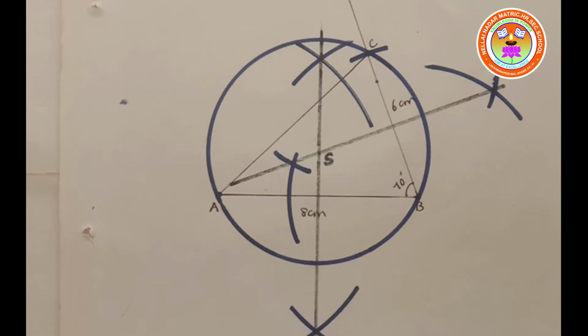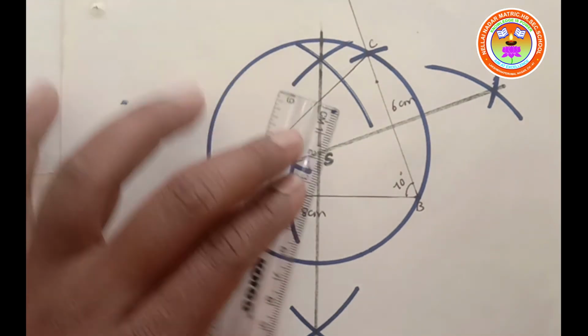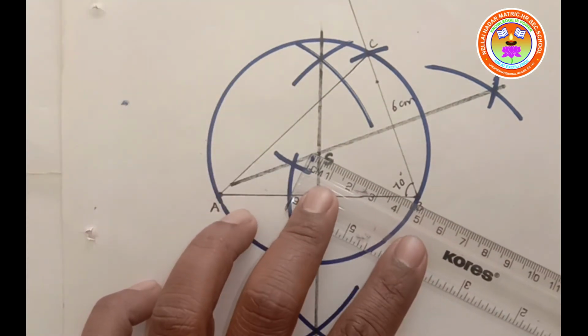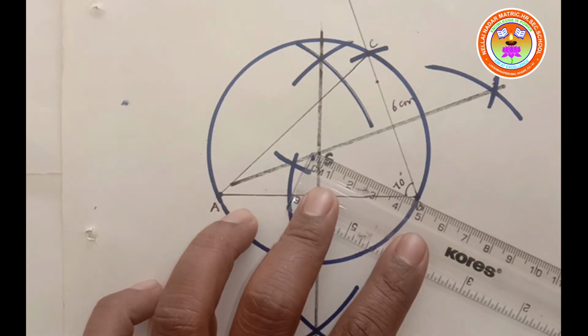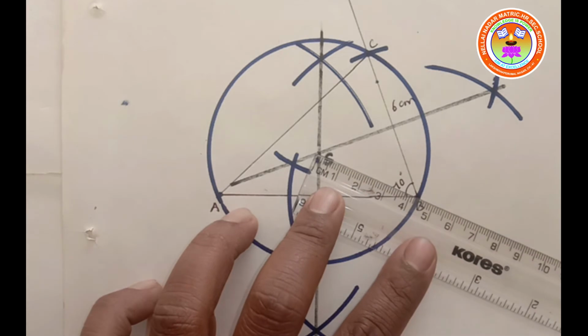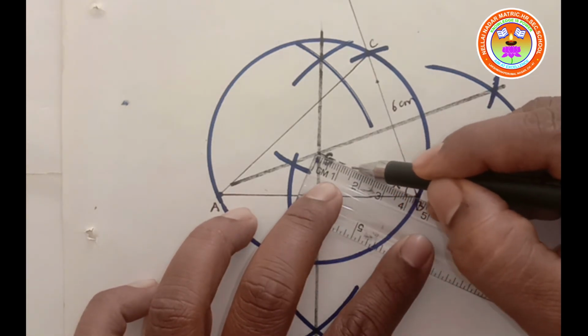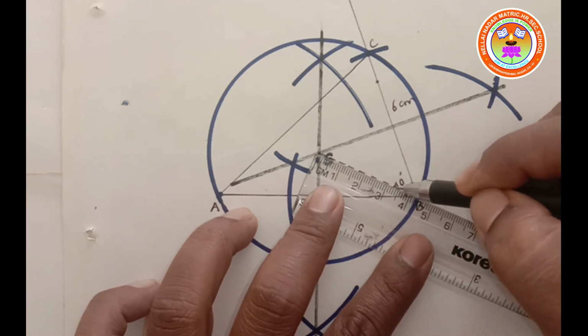So I'm going to measure S to B. S to B, you get 4.3 centimeter. It's clear, children? This is the solution.